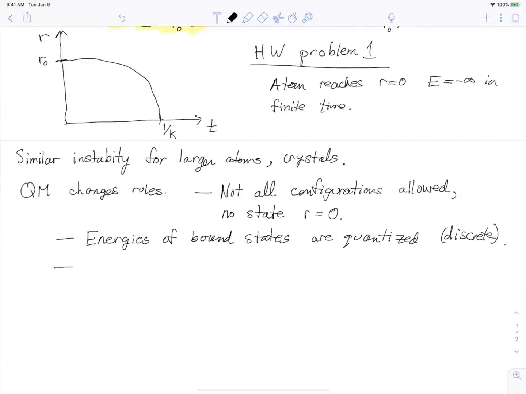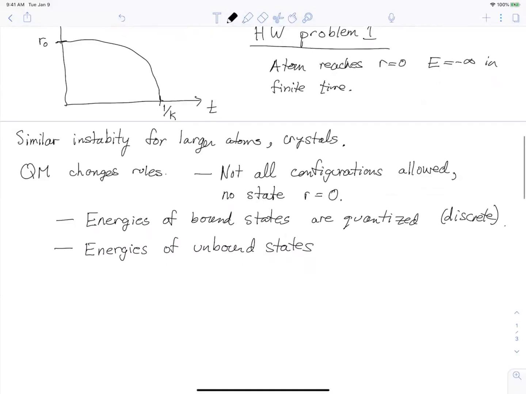Now, it turns out the energies of unbound states, meaning things where the electron can wander off as far away as it wants, are going to remain continuous, just like in classical mechanics. And so one of the things we'll want to find out in this course is how to explain why that's true.